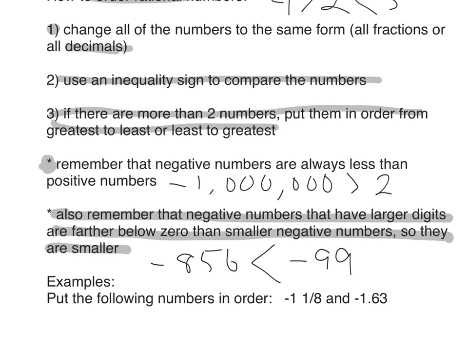Negative 856 is less than negative 99 because this number is farther below 0 than this number. That makes negative 99 greater. Think of temperature. If it was 856 degrees below 0, that's colder than 99 degrees below 0, even though they're both freezing.